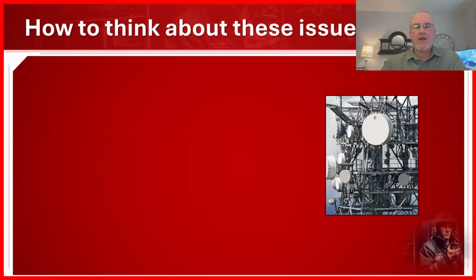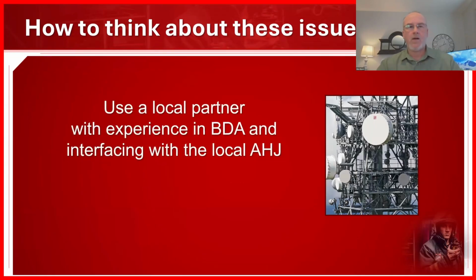So how you need to think about this is get someone in that area, a local RF integrator who does this all the time, with experience in BDAs and experience dealing with these local counties and cities, and they can give you the test.